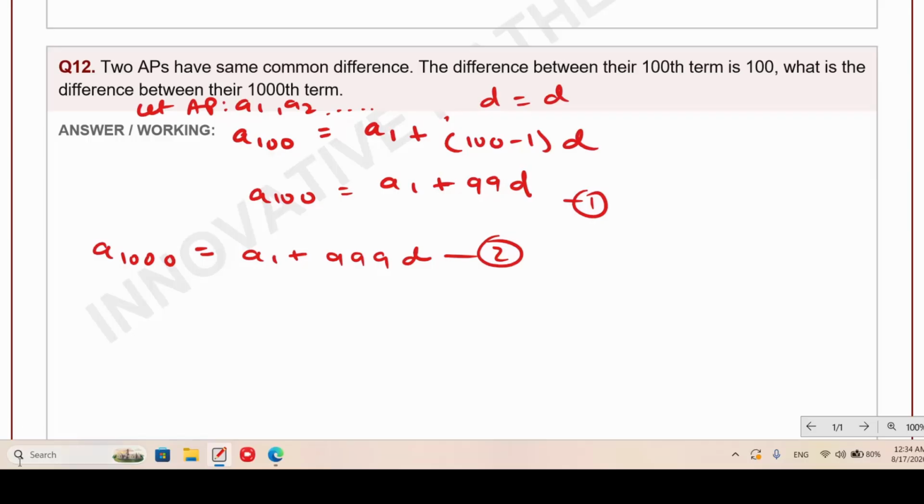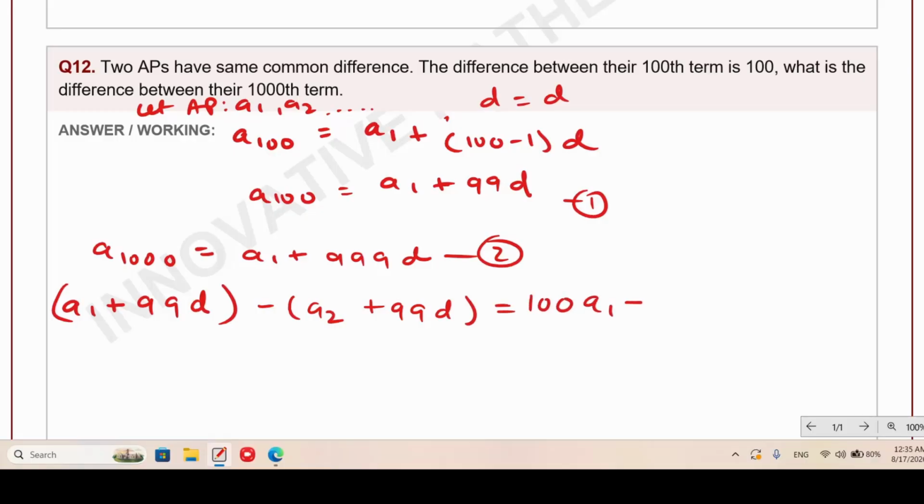Now what we will get is the difference of these two terms, that the 100th term of this AP is 100. Therefore A1 plus 99D, okay, and A2 plus 99D is equal to 100. A1 minus A2 is equal to 100. Okay, this is equation number 3.